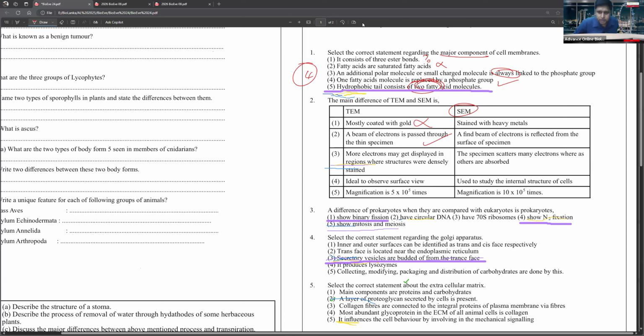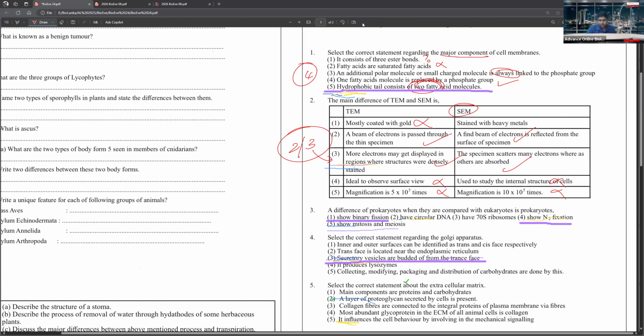More electrons may get displaced in the region. We'll take the second or third, and the third is best. Both statements are all right. Ideal to observe surface view. Transmission, no. Other statements wrong.